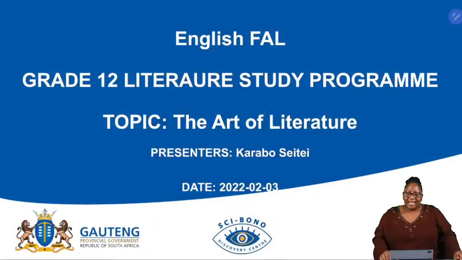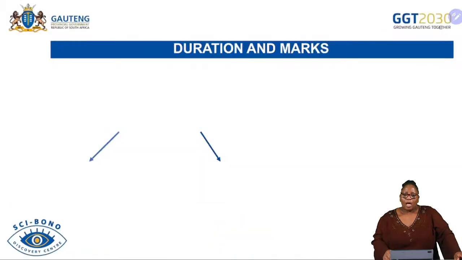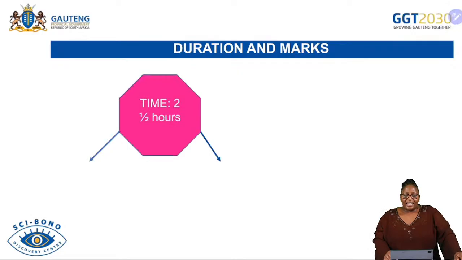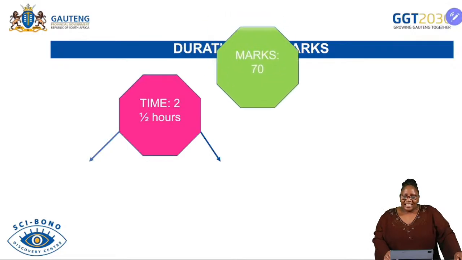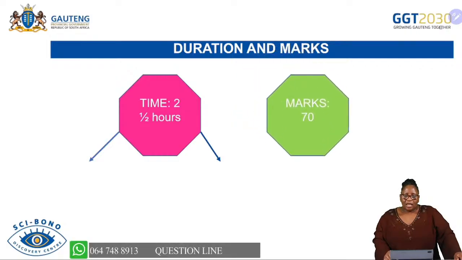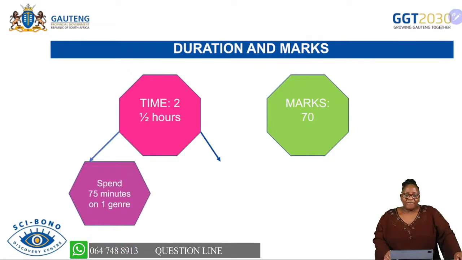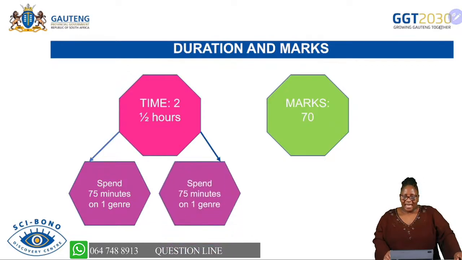Our topic today is the art of literature. Remember, learners, when you get to class and you study literature, what is at stake is 70 marks, 2.5 hours, and every one genre is 75 minutes.